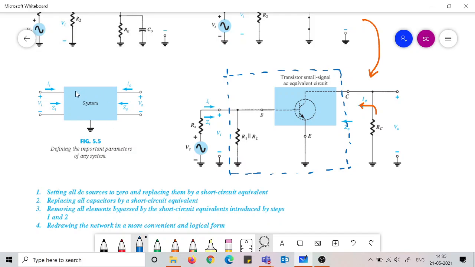We don't have to analyze what happens within the system. We can treat it as a black box. But the only thing is that the manufacturer or the supplier has to provide us with the Zi, Z0 and voltage gain. If that is not known, then we have to calculate it.